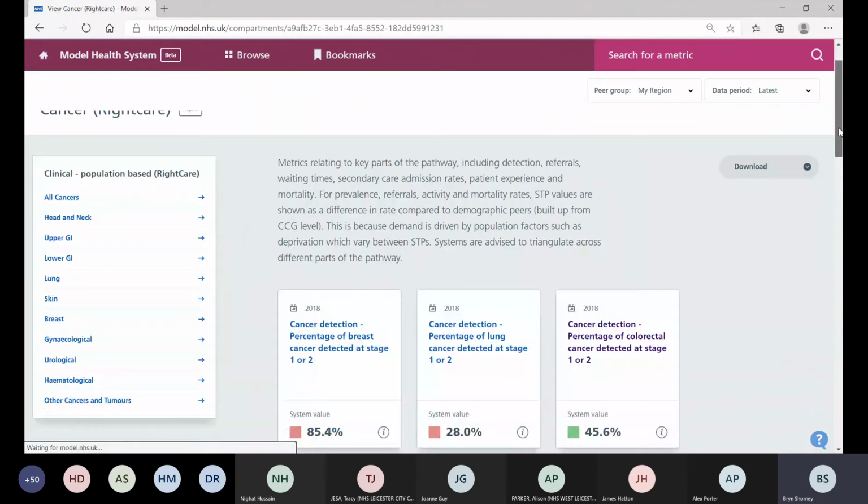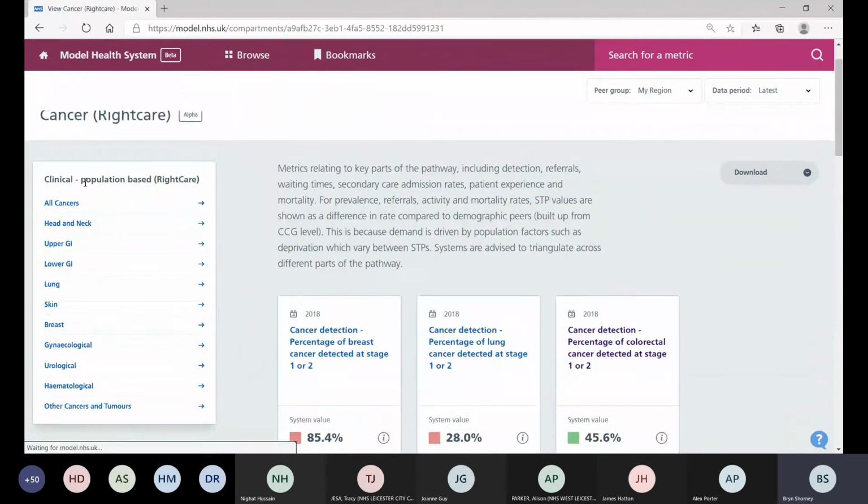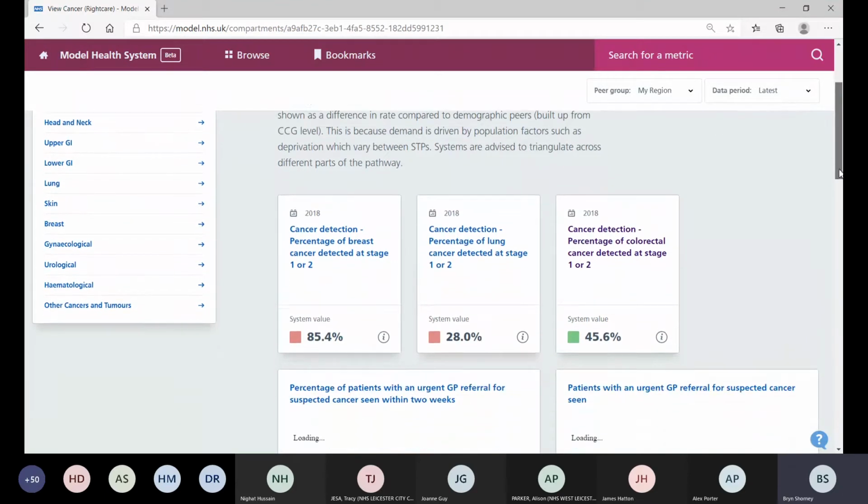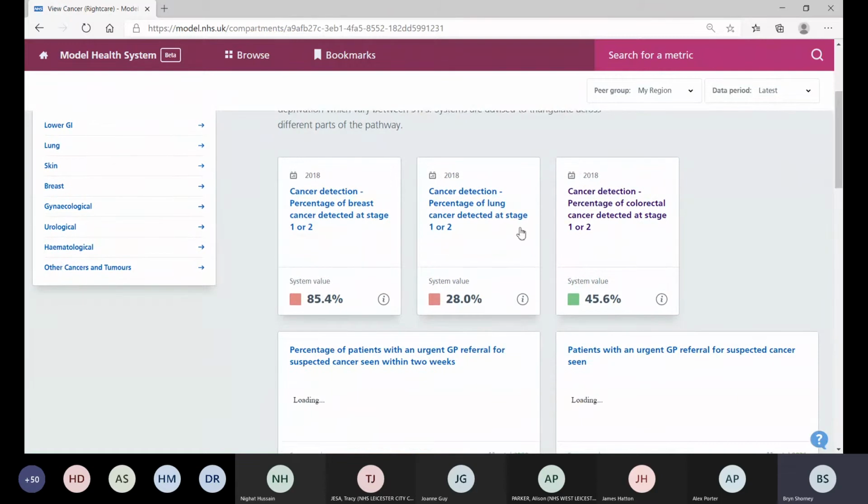Again, you'll see on the left-hand side we've got the various subcompartments for the different types of cancer, and then we've got a number of key metrics, headline indicator tiles that we've selected here. So some of the cancer detection stage information that was asked about, we've got that for breast, lung and colorectal cancer.